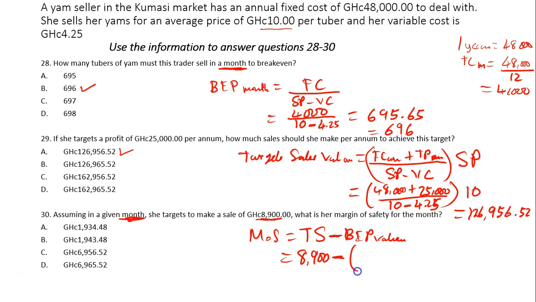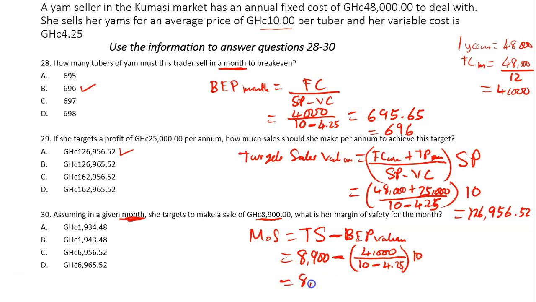Minus, to get a break even point in value, it should be 4,000 divided by, that's fixed cost, divided by selling price minus variable cost, which is 4.25, times selling price. That will give it to you in value. Okay.